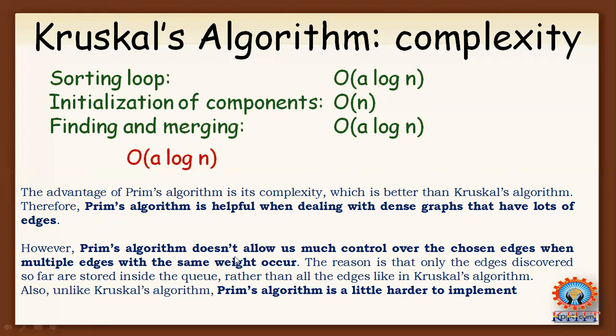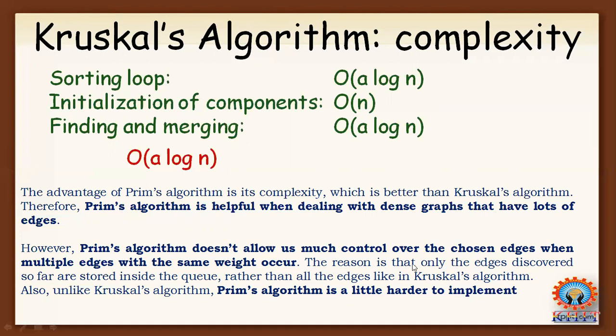That means if any graph has many edges, you can select Prim's algorithm. Whereas Prim's algorithm does not allow us much control over the selected edges when multiple edges have the same weighted cost. In a graph where many edges have the same weight, in this case, Prim's algorithm does not work better.